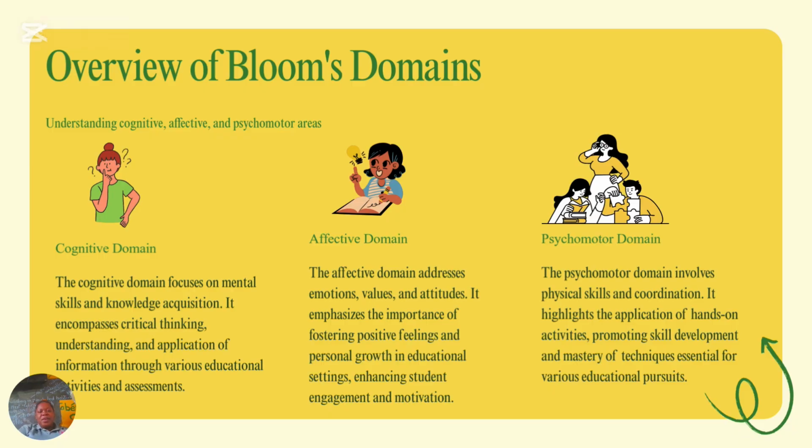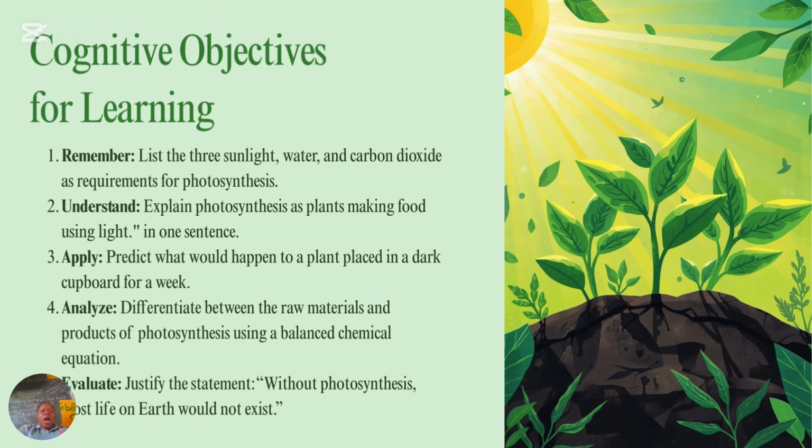In this lesson, we focus on balancing all three of the domains so that students could have a complete learning experience. Our cognitive objectives for learning photosynthesis: we created five objectives following Bloom's hierarchy from lower level of thinking to a higher order of thinking.